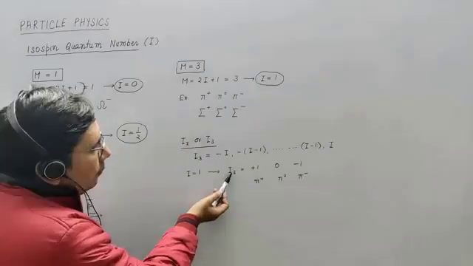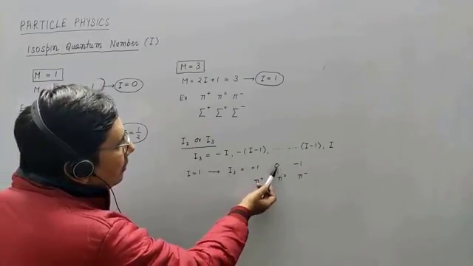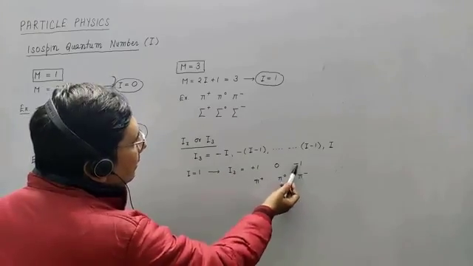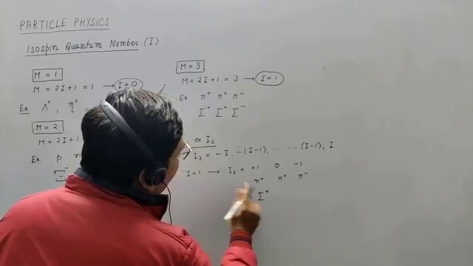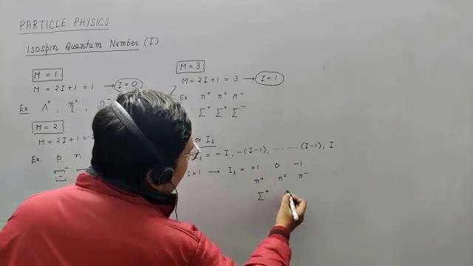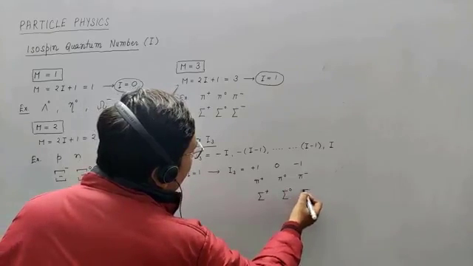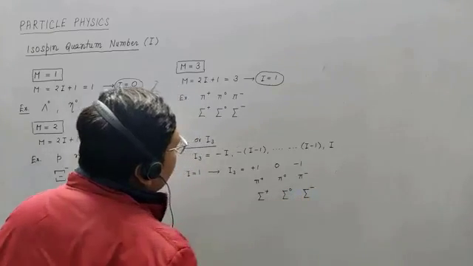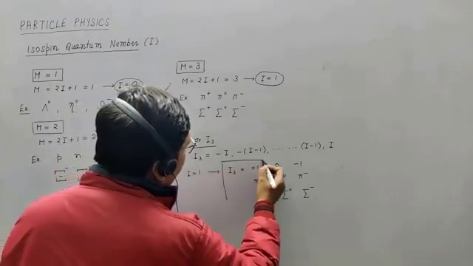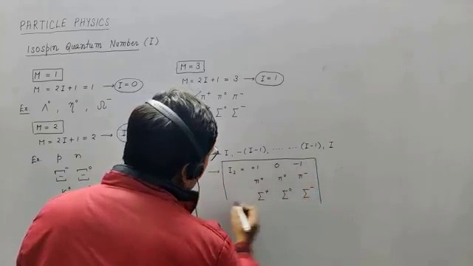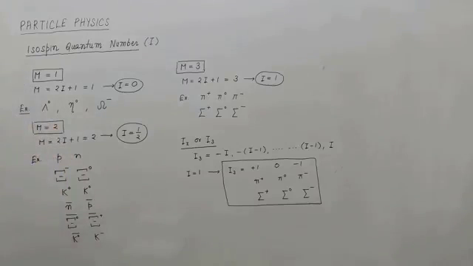So value of I3 for pi plus is plus 1, for pi naught is 0, for pi minus is minus 1. Similarly, for sigma plus, the value of I3 is plus 1, for sigma naught it is 0, and for sigma minus it is minus 1. These are the I3 values for this example.